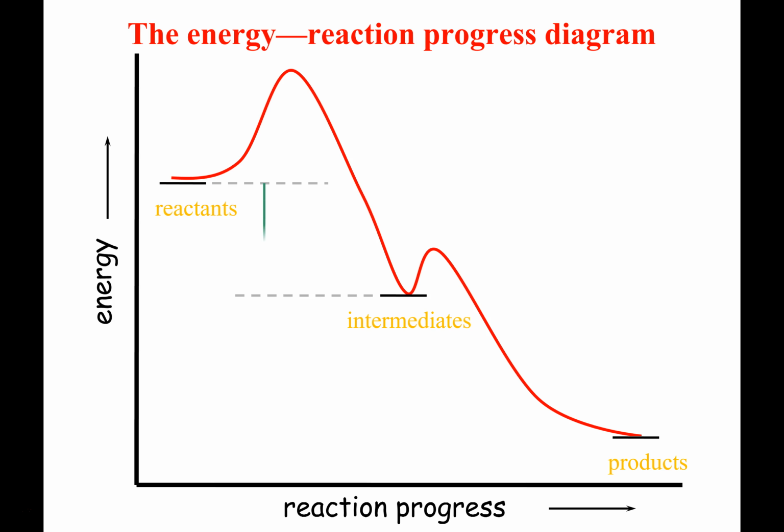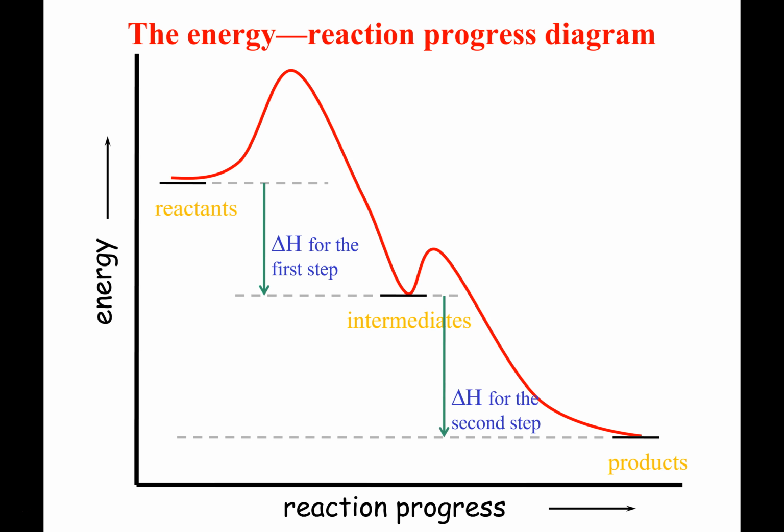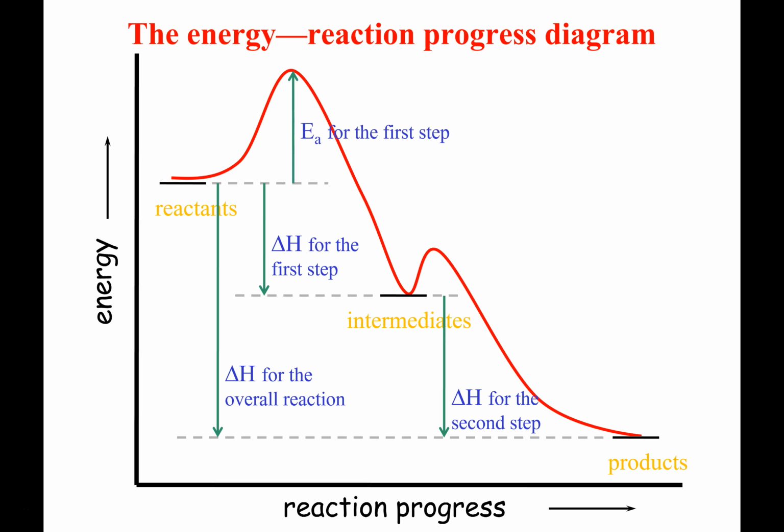This would be your delta H for the first step. This would be your delta H for the second step. This would be your delta H for the overall reaction. Basic slide, isn't it? This would be your activation energy for the first elementary step, and this cute little thing would be your activation energy for the second elementary step.